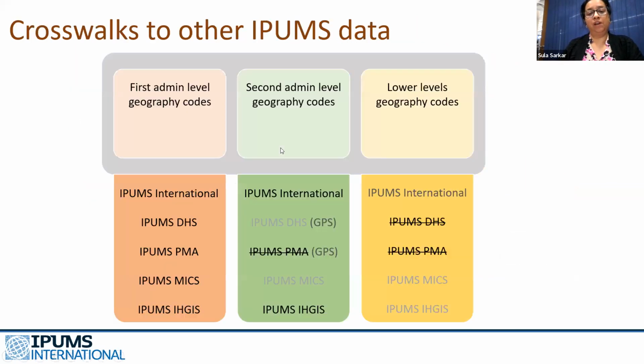PMA or DHS variable. So here is a visual that says at the first administrative level of geography, you can connect all these projects together if they have data on the similar country. At the second admin level of geography, you can do some DHS, not PMA, but you can connect them by the GPS clusters.